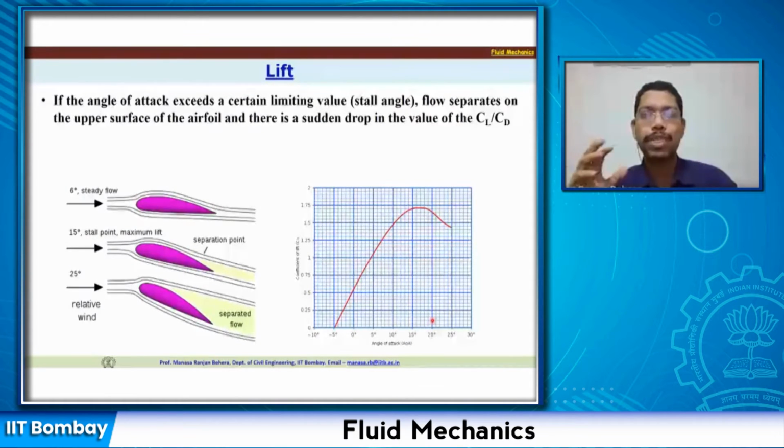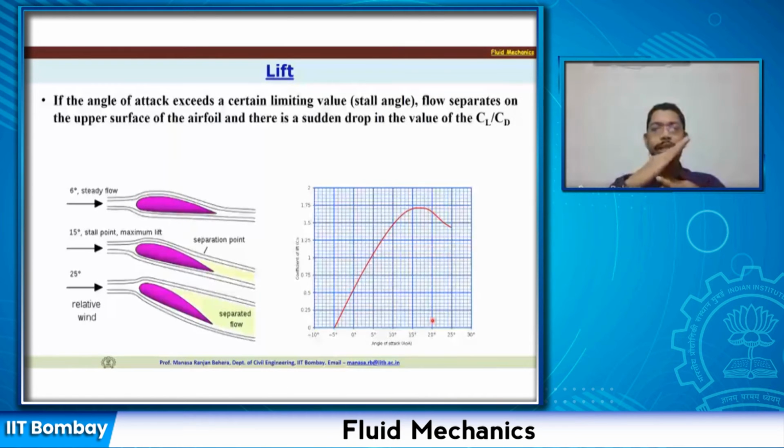So this performance is going to reduce, because if you keep on increasing the angle of attack with respect to the flow, at a certain point there will be quick flow separation on the upper surface. So close to the tip, there will be flow separation. So you generate a huge wake area, and you create a huge drag force, and because of that the CL by CD is going to suddenly drop at that point.